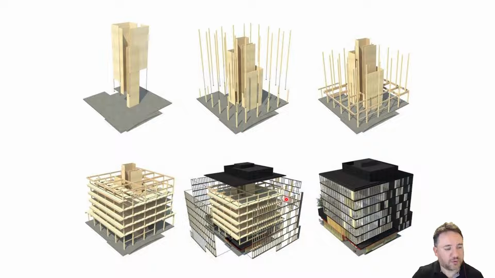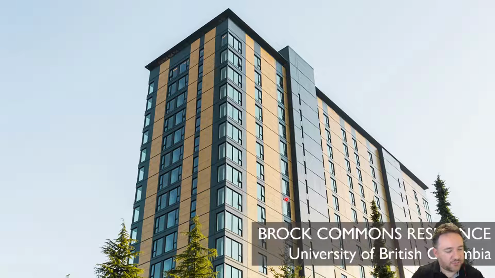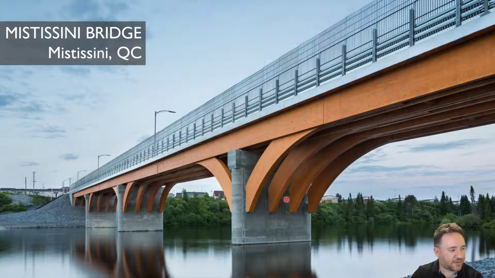I encourage you to look more up about it if you're interested. Brock Commons, we already talked about quite a bit, but this was definitely the tallest timber structure in the world at one point. I'm not sure if it still is, but I think it's 17 stories. So it's definitely one of the tallest timber structures in the world.